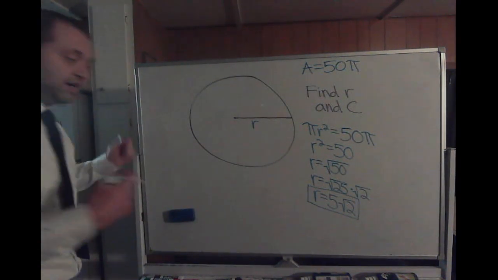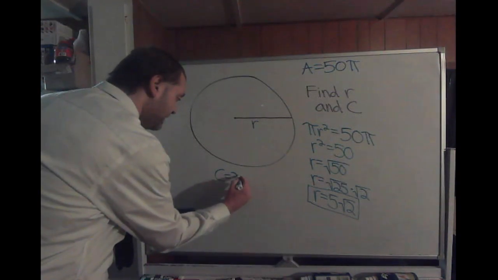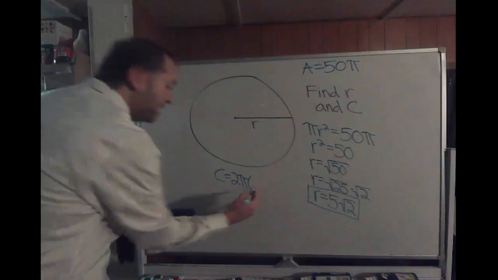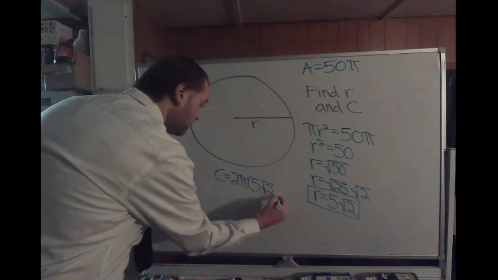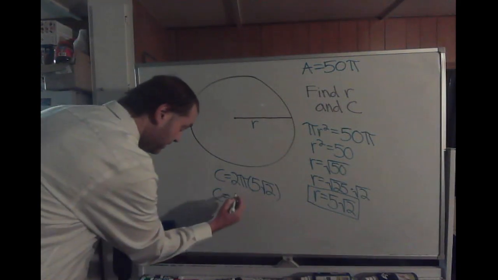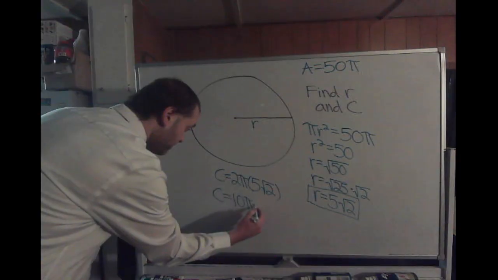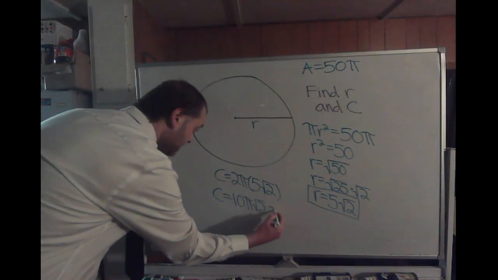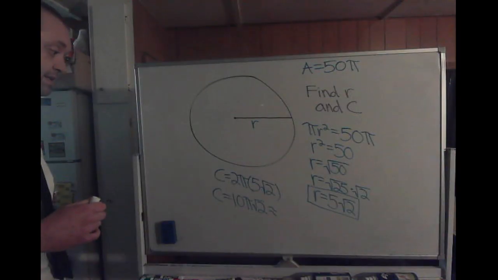Now we can easily find the circumference. Circumference is equal to 2 pi times that radius of 5 times the square root of 2, which if we were to do an exact value of the circumference, it would equal 10 pi times the square root of 2 units. But let's do a decimal approximation to 1 decimal place.